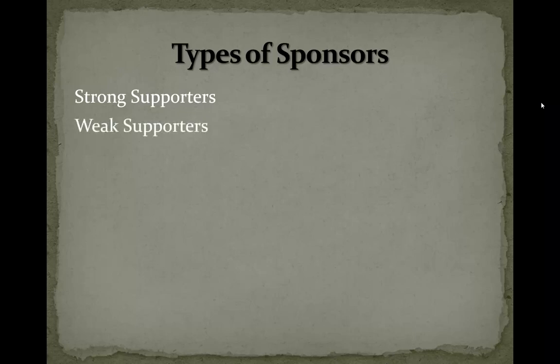You've also got weak supporters, and these are states that may have a high level of commitment to the group, but don't have a lot of resources to provide to the group. So for example, the Taliban in Afghanistan, its support for Al-Qaeda would fit into this. Al-Qaeda actually had more resources than the Taliban did. So their support was essentially providing a safe haven, a place for the training camps, and to some extent an ideological base.